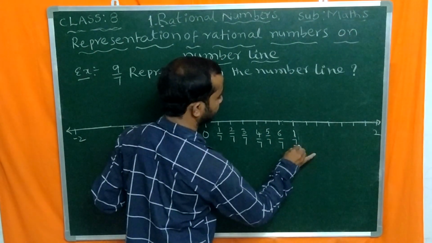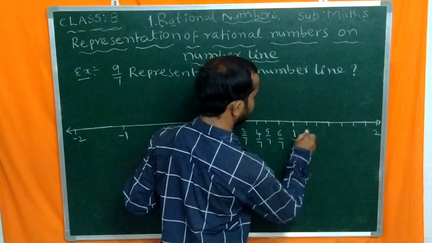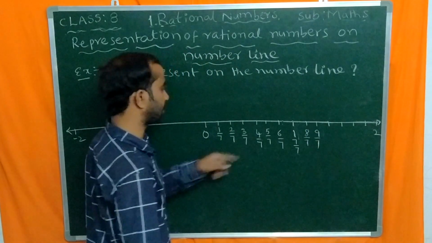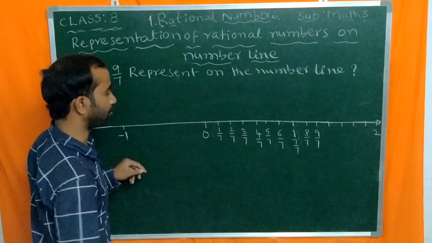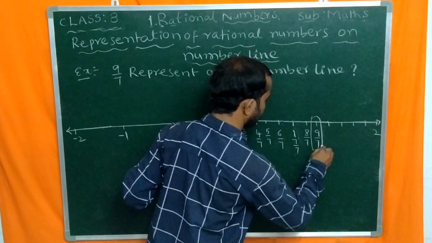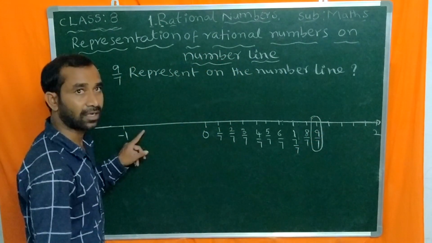This is 7 by 7, which means 1. Next 8 by 7, 9 by 7. So this is 9 by 7 on the number line.